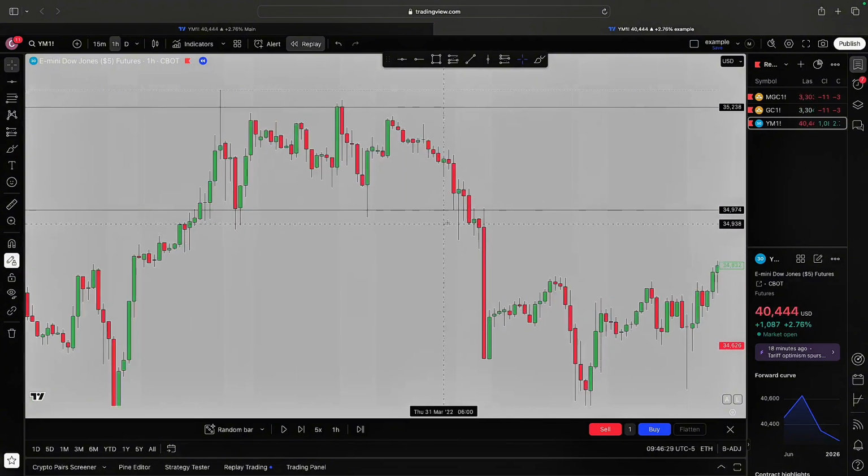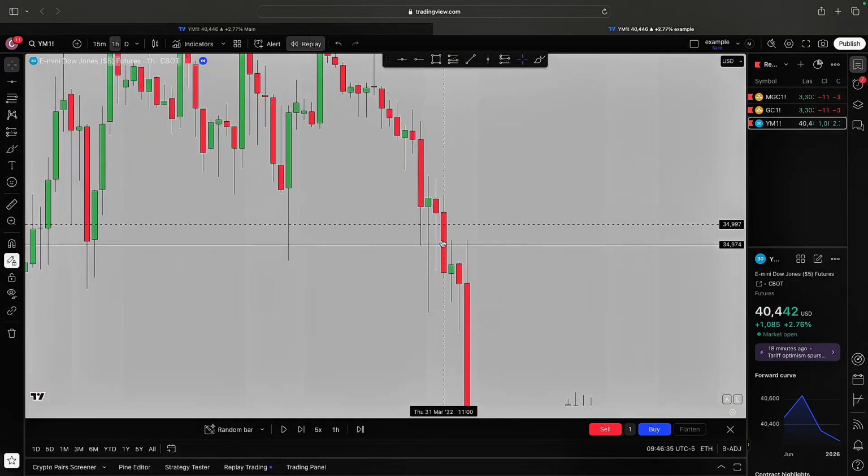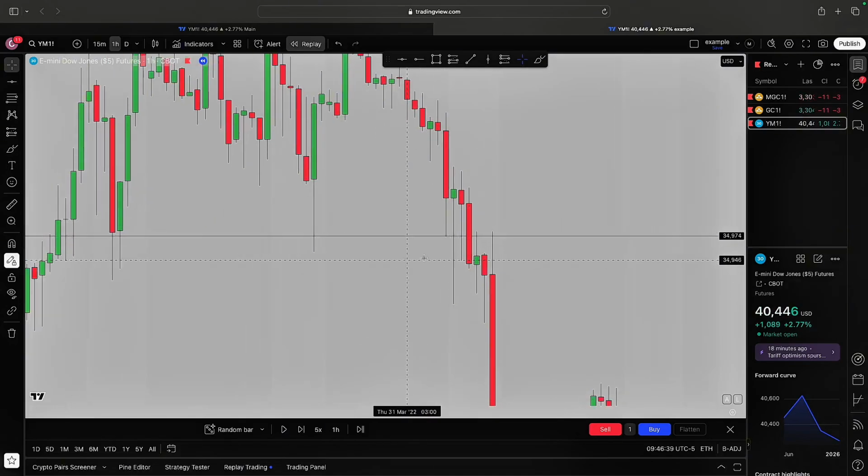But if we come over here and look at this red candle right here, this red candle broke below this support. It broke and closed below this support here. So that tells you, okay, this isn't as strong as it was. And then the next candle, what happens?